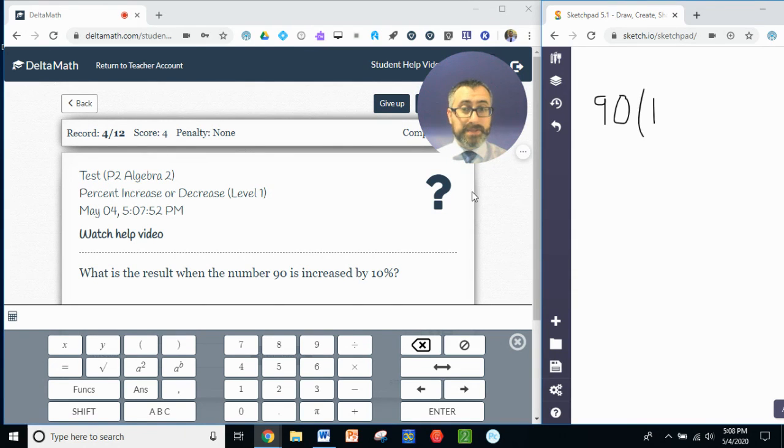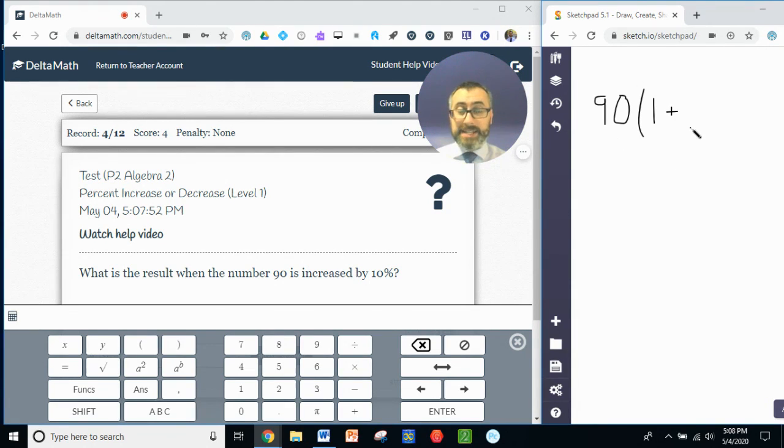All of these problems, the percent increase or decrease level 1, I'm going to have my original number, parentheses 1. The next thing is a choice. Am I increasing or decreasing? Here it's increase, so I'll put in a plus.